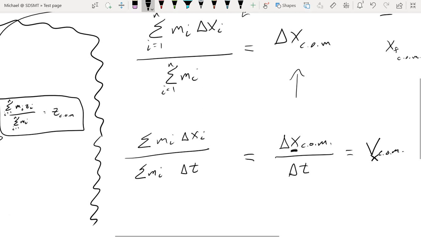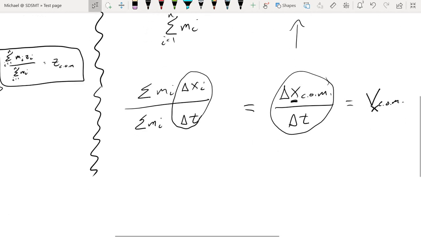And now the question is, what do I pair this delta t with? Over here it was pretty straightforward. I just paired it with the delta x because that was all there was, and I got v center of mass. Well, let's try pairing that with all the individual x positions of our displacements.